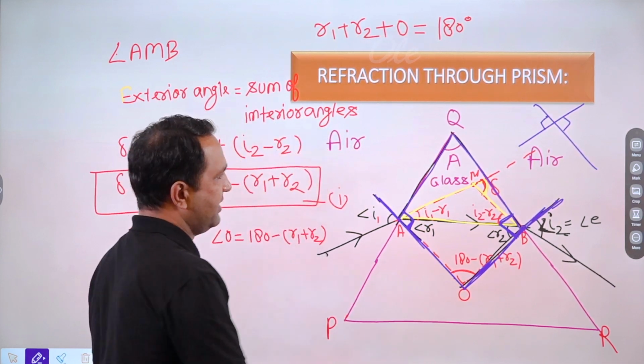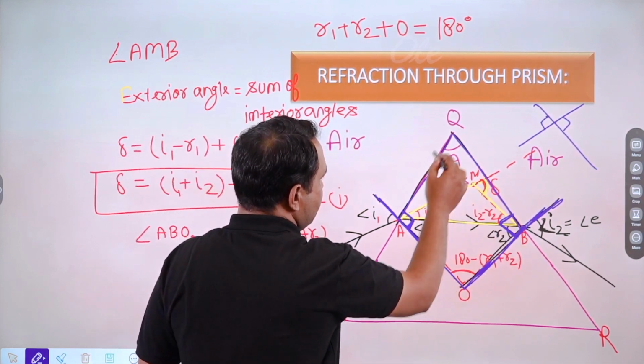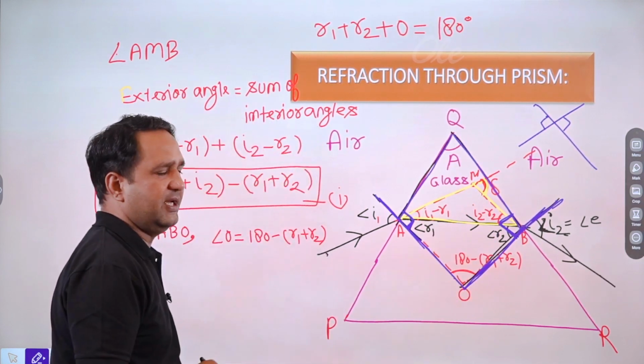We know that the sum of all these angles will be equal to 360 degrees.